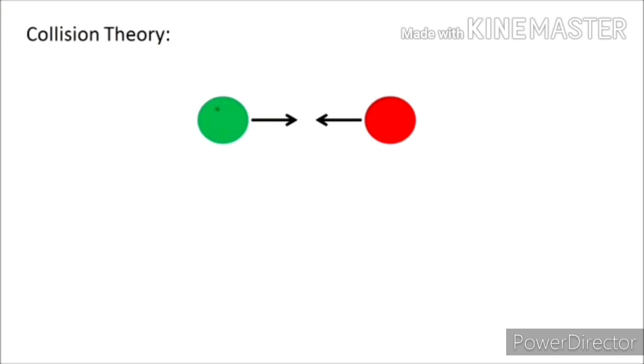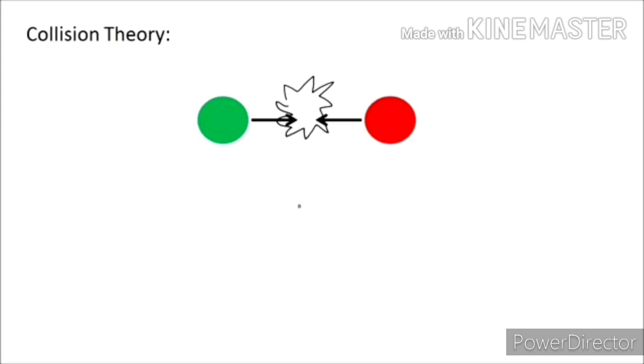If these are the two reactants, these two particles are the reacting particles and they need to collide in order to react with each other. The thing is, not every collision leads to a reaction. These particles, when they collide, need to have enough energy to cause a reaction. So, they not only need to collide with each other, they need to have sufficient energy.